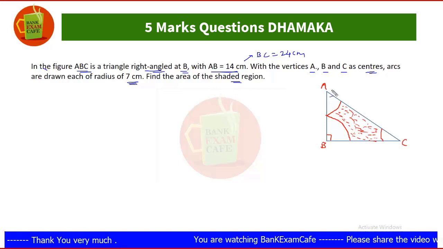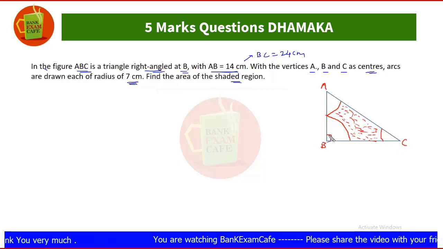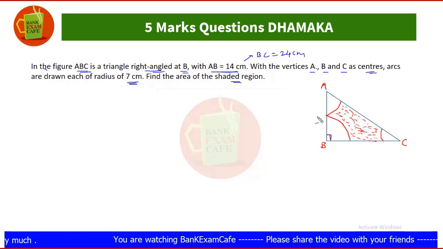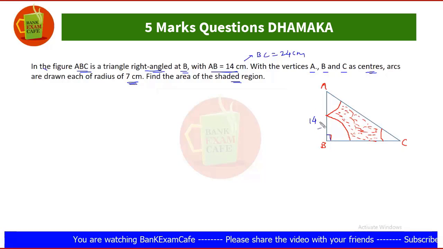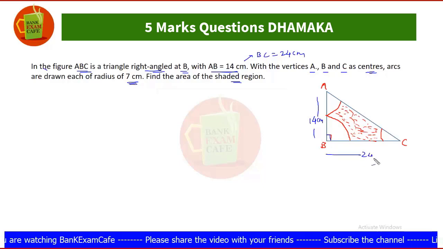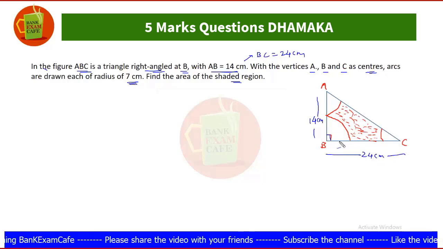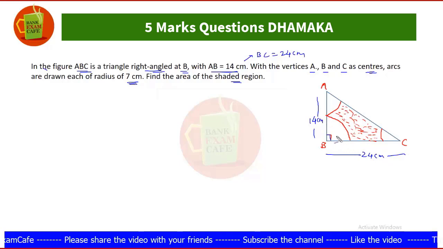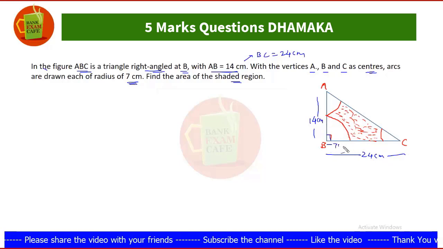Here friends, it is given that ABC is a right angled triangle right angled at B, and it is given that AB is 14 centimeter and BC is 24 centimeter, and it is given that the radii of these arcs are 7 centimeter.